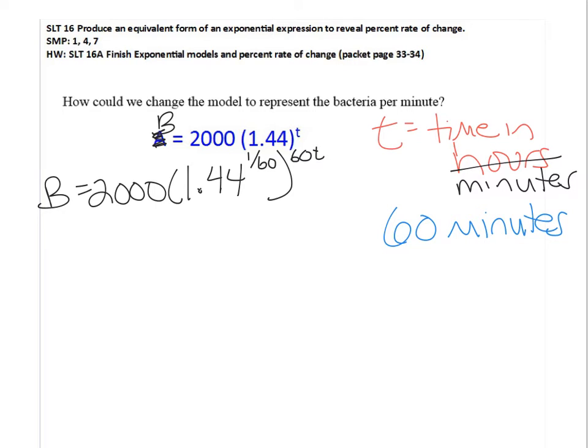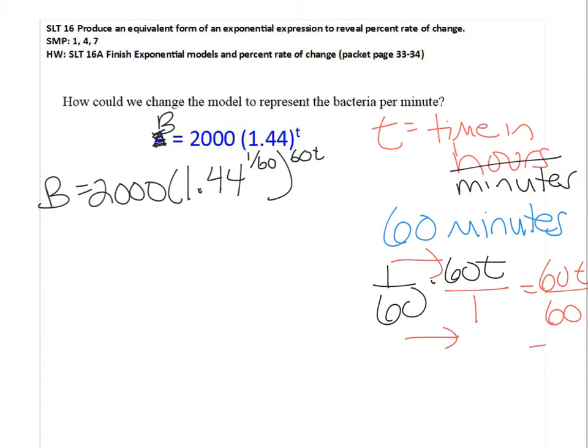If I use my property of exponents, if I multiplied these back together, the numerators and denominators, I still get that T. So I haven't changed the value of the exponent because I included both this fraction and the 60.